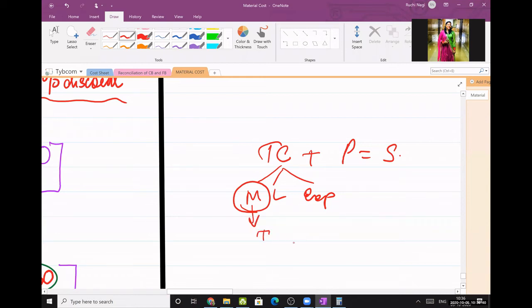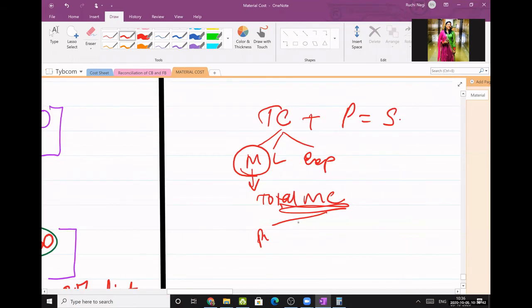Total material cost means purchase cost of the raw material, order cost and carrying cost. Okay, am I clear with this? Understood what is total raw material cost? It is purchase price of the raw material plus order cost plus carrying cost. Inventory cost is order cost plus carrying cost. But if I want to calculate total raw material cost, then it is purchase price of the raw material plus order cost plus carrying cost.